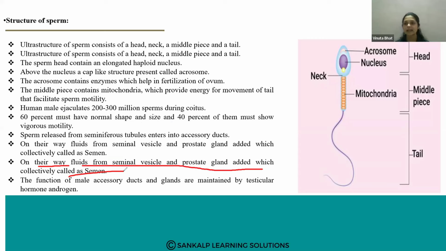The prostate gland and the seminal vesicle add their secretions that help with motility and also provide nutrition for the sperms. The functions of the male accessory ducts and glands are maintained by the testicular hormone called androgen.